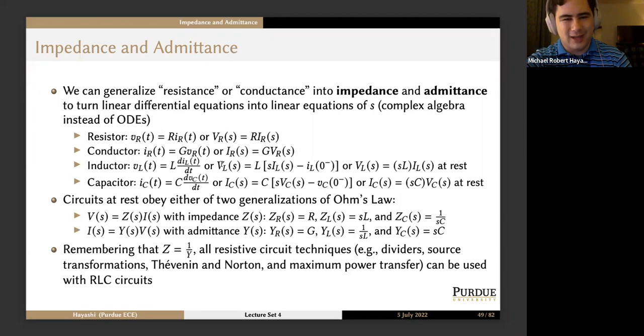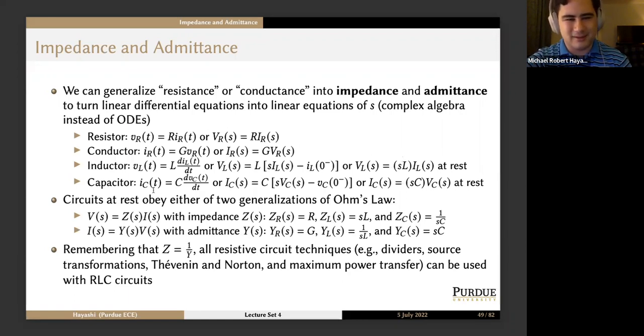So for the inductor, we'll get VL of S is equal to L times, in brackets, S times IL of S minus IL of 0 minus, where that is the Laplace transform of a derivative by definition. But if we're dealing with a circuit at rest, so this is a special case, we'll get VL of S is equal to SL times IL of S, where we'll say SL is the impedance of the inductor.